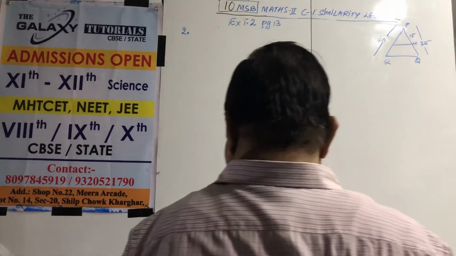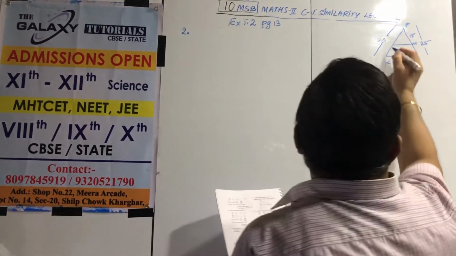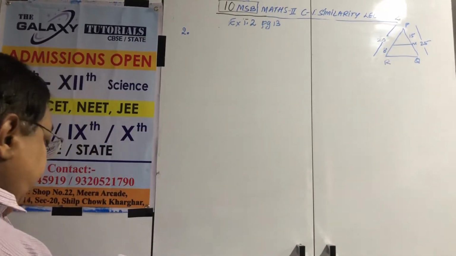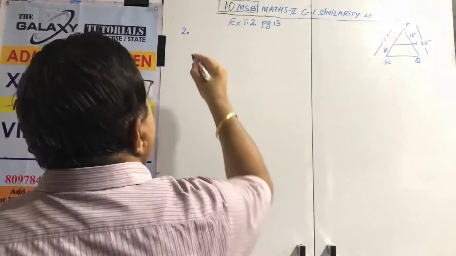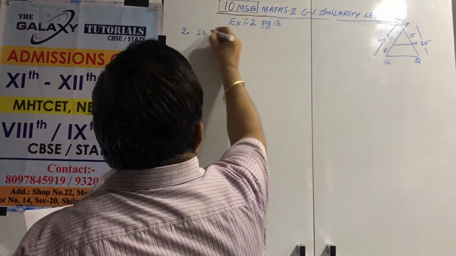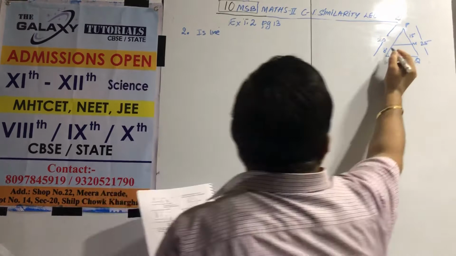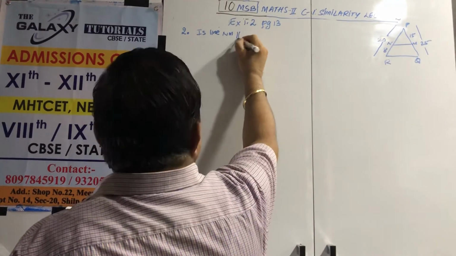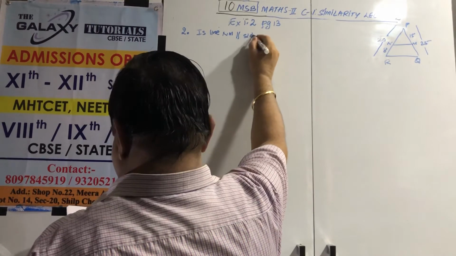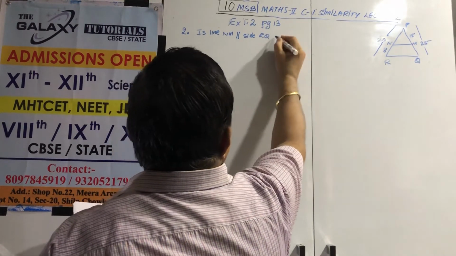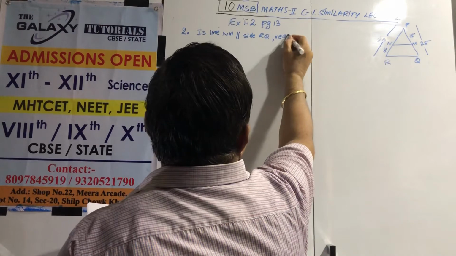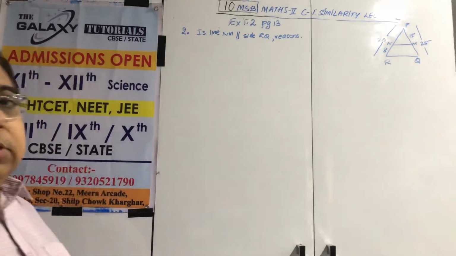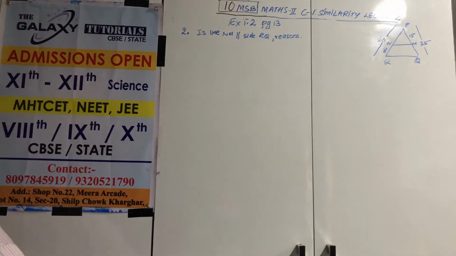And they have also given NR is equal to 8. State whether the line NM is parallel to side RQ with reasons. Reasons means you must solve, not say orally in one line, yes or no. So this is the sum given in the book.